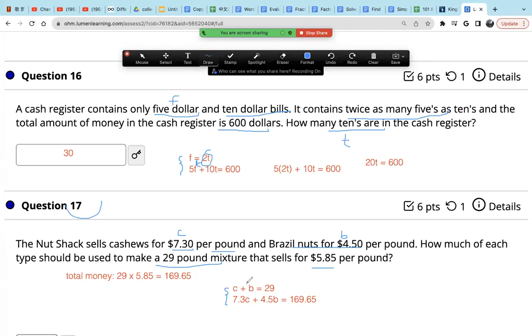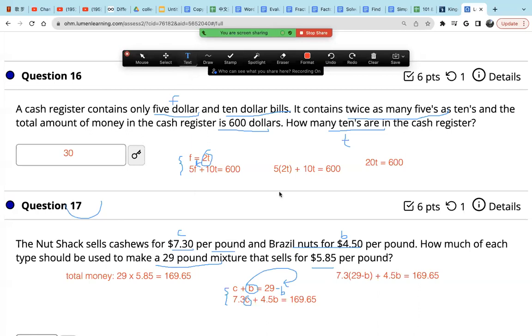So now we can move B to the other side, right? So we have 29 minus B equals C. Then we substitute for C. It's called the substitution method. So we have 7.3 times C, where C equals 29 minus B, plus 4.5B equals 169.65.